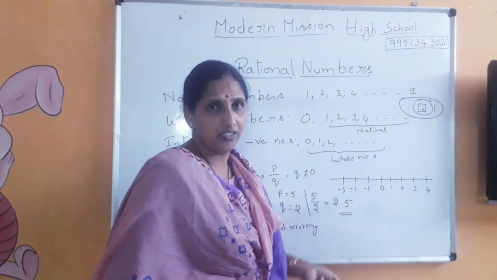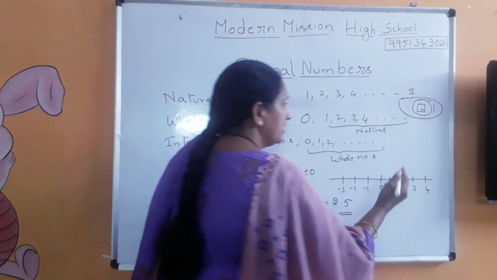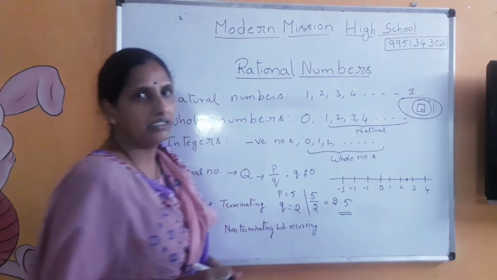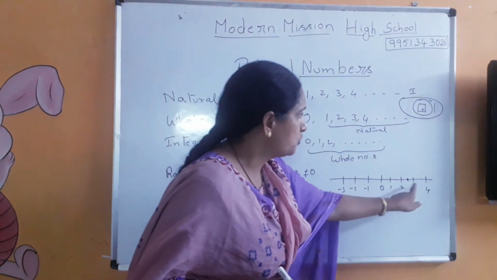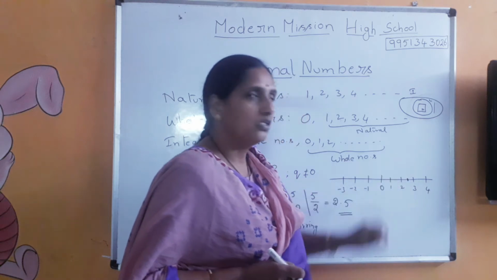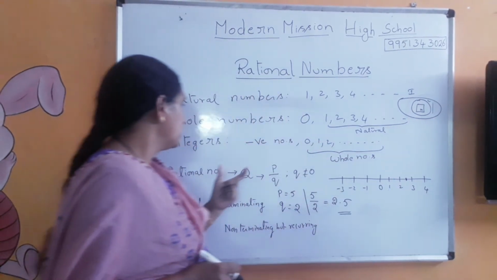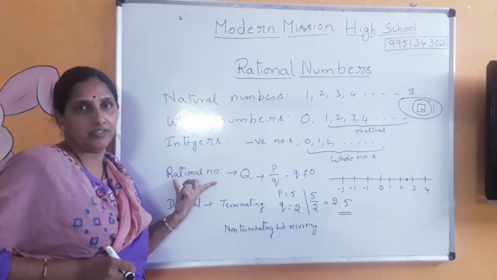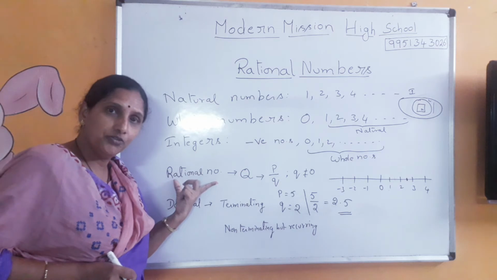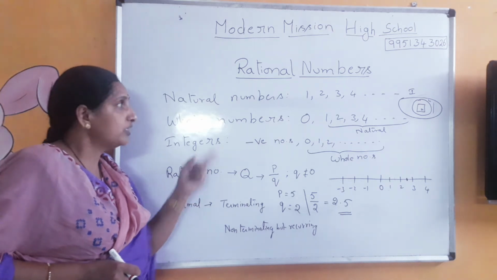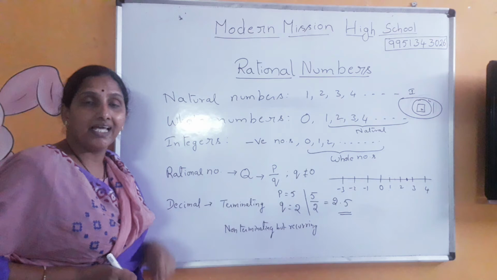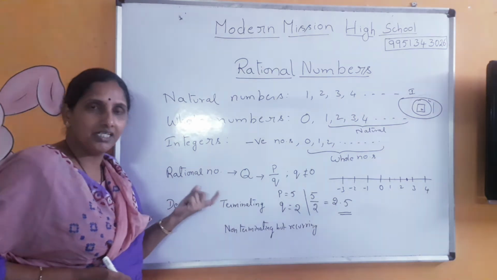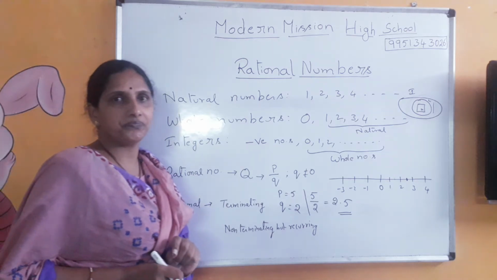It lies exactly between 2 and 3. Thus we need another set of numbers, the rational numbers. Is that clear to you now? No doubt any integer can be expressed as a rational number, but all rational numbers are not integers.